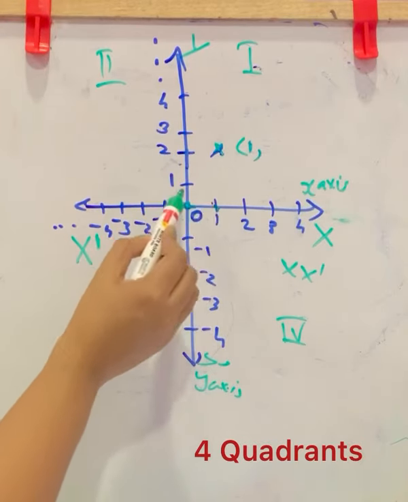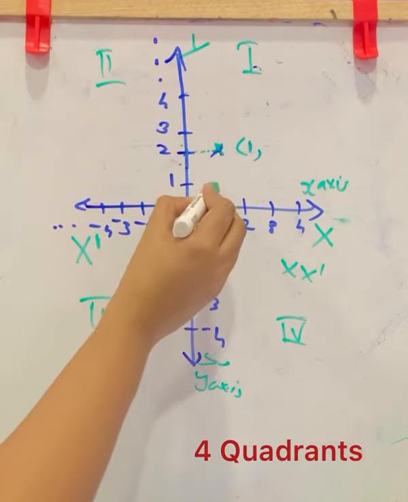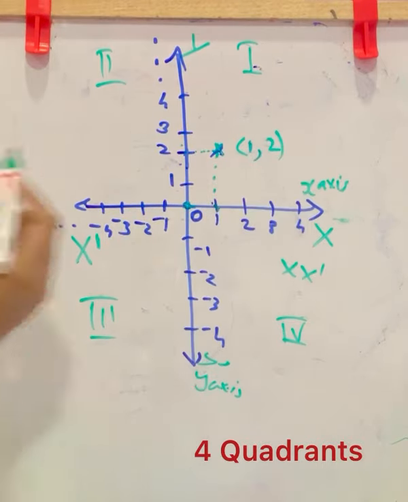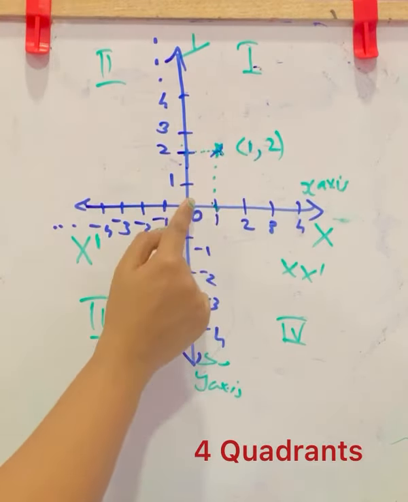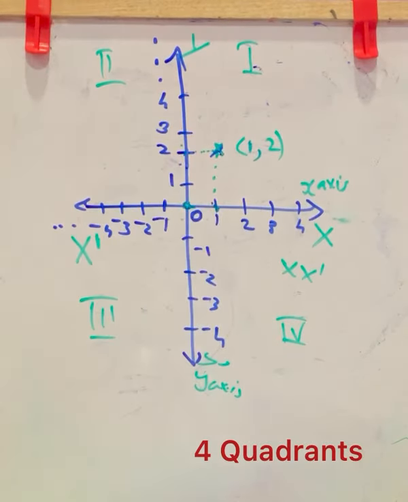What is the height here? The height is 2. That is, we can name this point as 1 comma 2. This 1 denotes the distance on the x-axis and 2 denotes the height, that is, on the y-axis. So 1 comma 2 is the location or the position of this point.